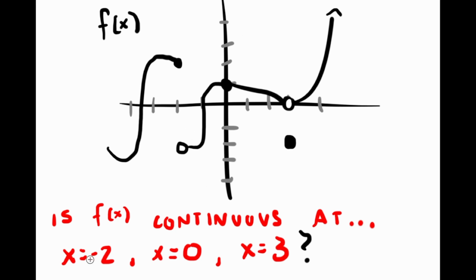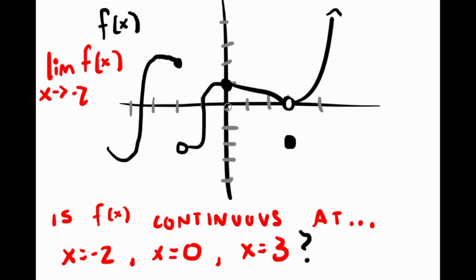Okay, now let's start with our first, x equals -2. We'll write down the limit as x approaches -2 of f of x. It doesn't exist, as we can see from here.